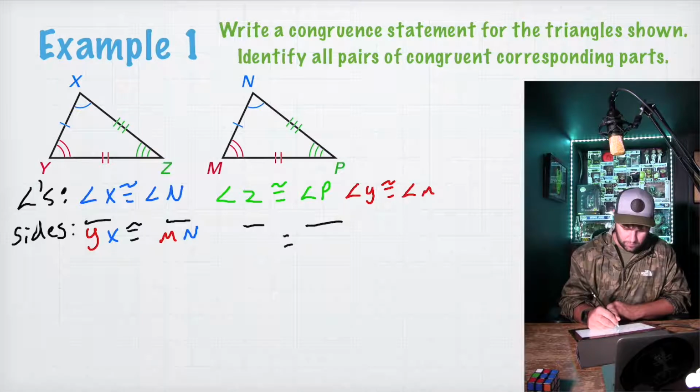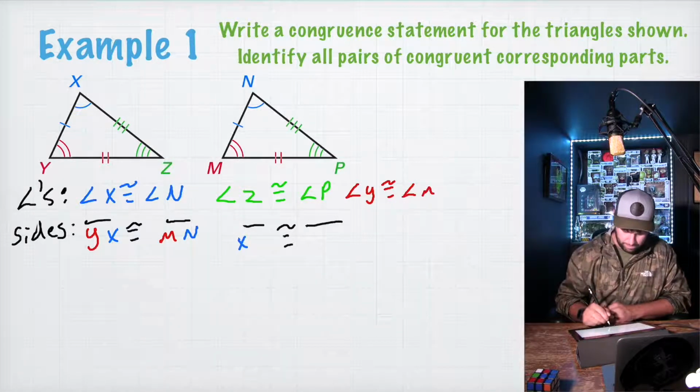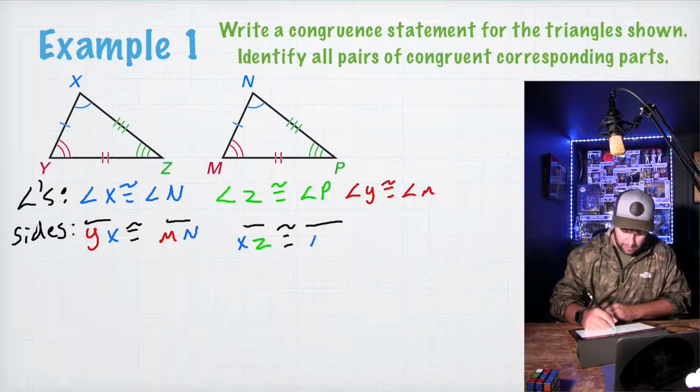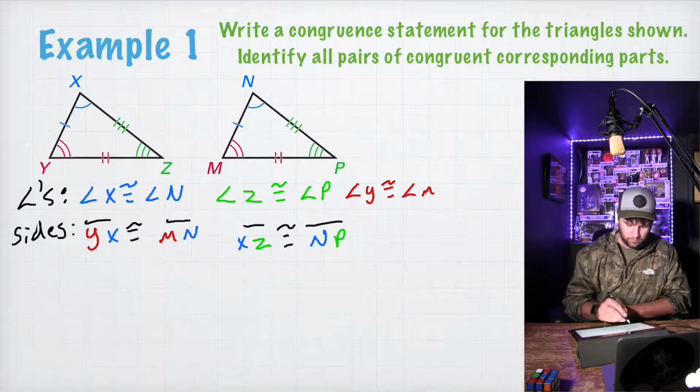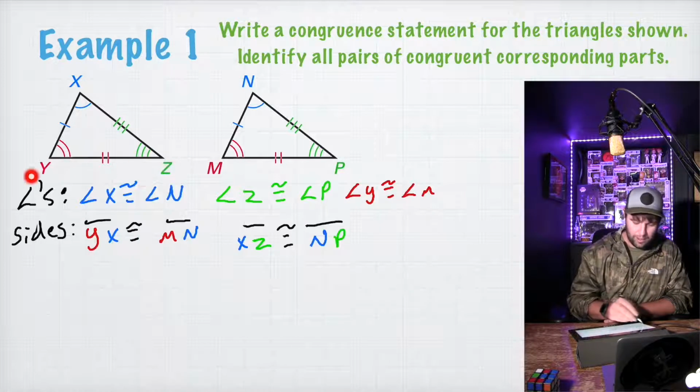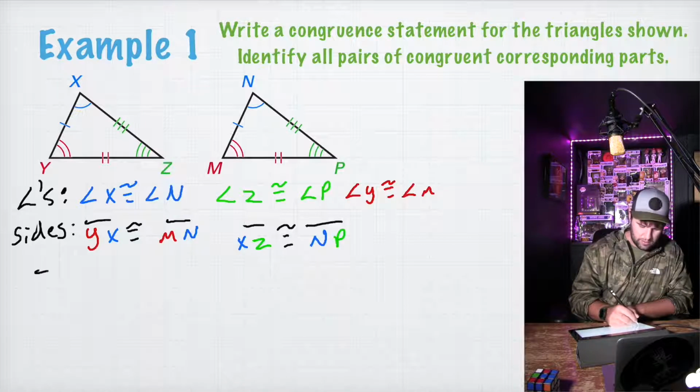So XZ is congruent to NP. And then our last side would be ZY is congruent to PM.